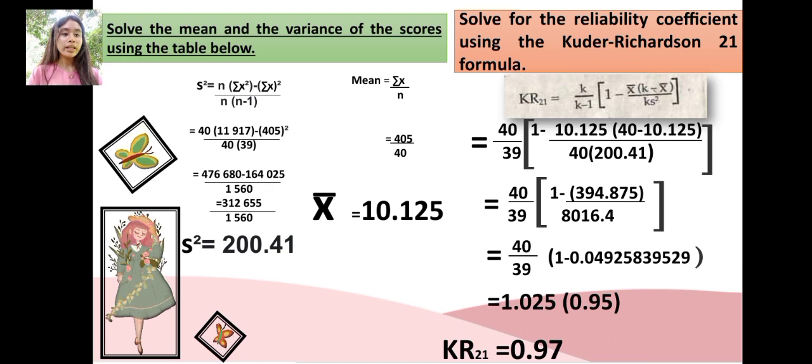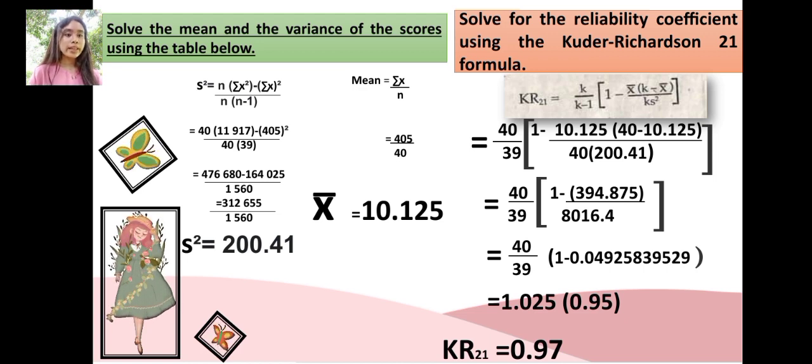And now we have to divide these two. So we divide 394.875 by 8016.4, and we have 0.04925839529. Okay, that's the answer.